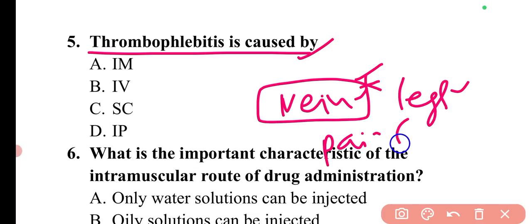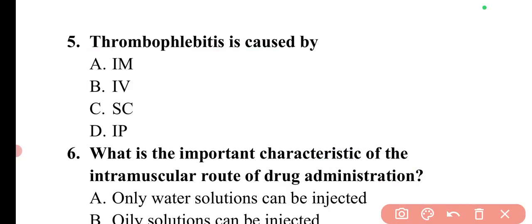There can be pain, swelling or redness in the affected area. So this condition is usually due to the intravenous administration of drugs, because the drug simply goes to the veins, and through injection sometimes the vein ruptures, and inflammation or clot formation can happen.